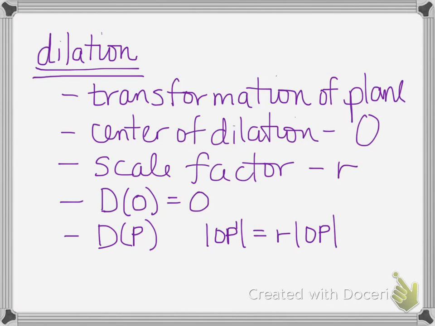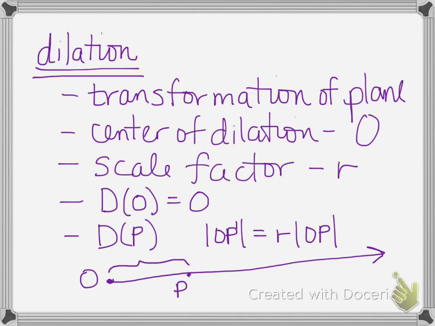Okay, and a picture is going to help us with this. So if I have a center of dilation O, there's my point O, and I've got a point out here P that's not O. Here's my point P right there. I can draw a line through O and P like so. There's some distance here, OP, okay?